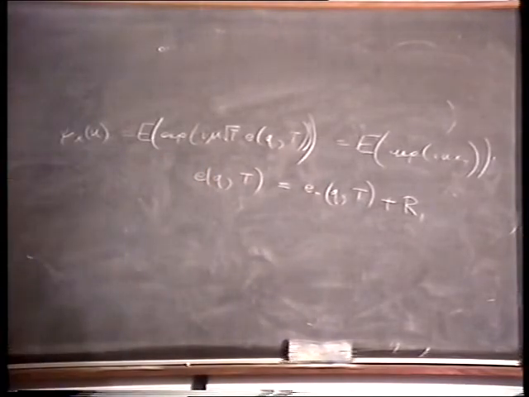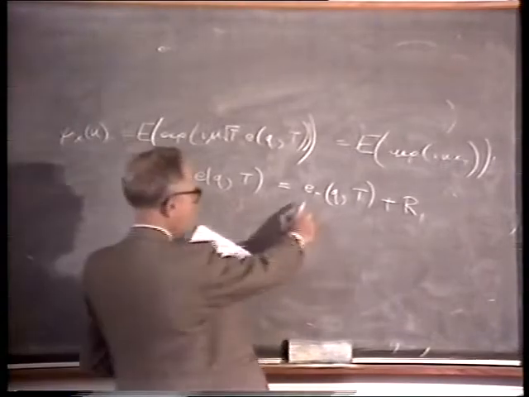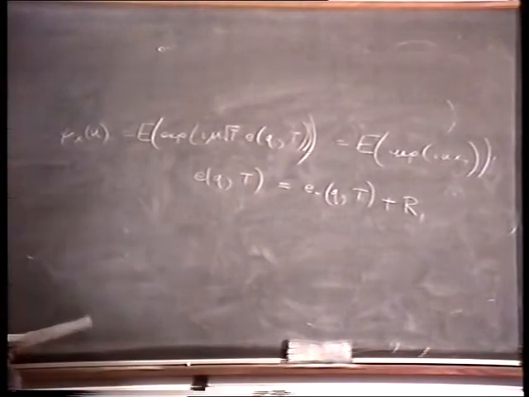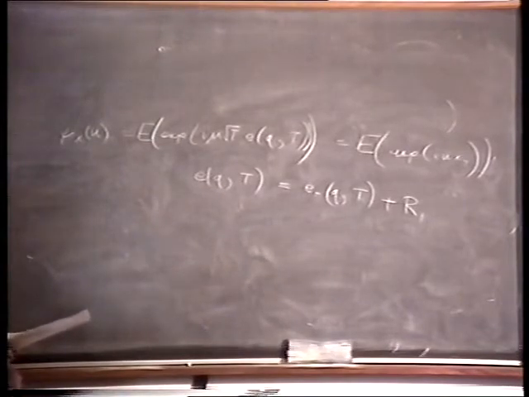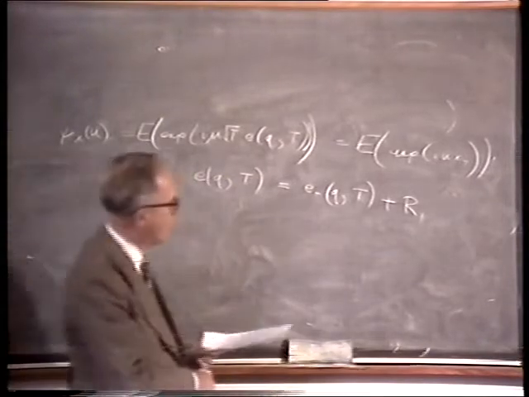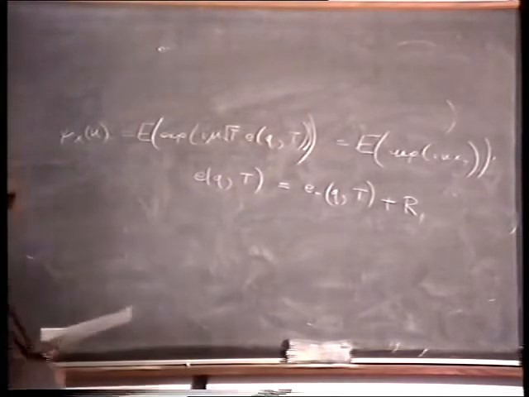So all we need to do is to consider this Taylor series expansion within our neighbourhood, and within our neighbourhood we require that the derivatives that occur in this expansion are all finite.